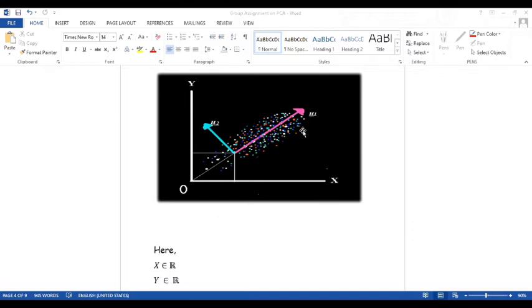So according to the equations, u1 is the first vector and is greater than the second vector u2.